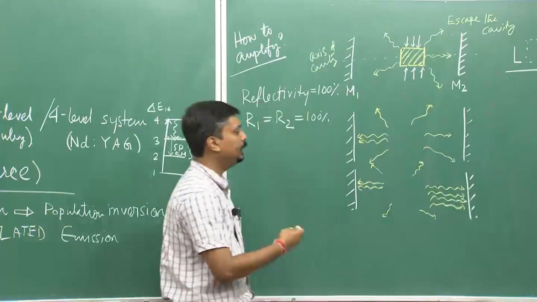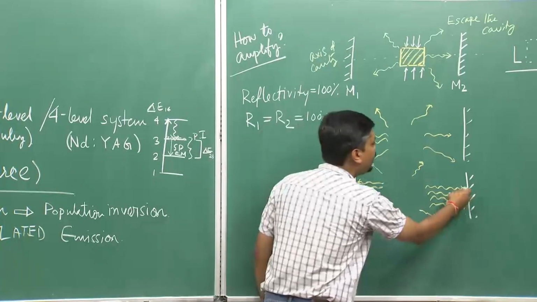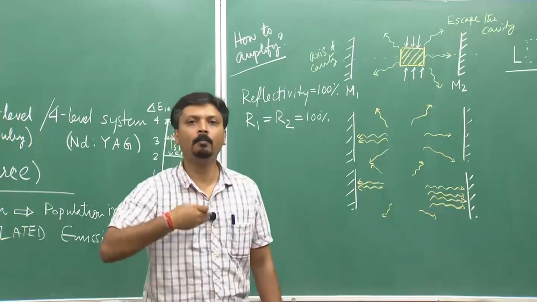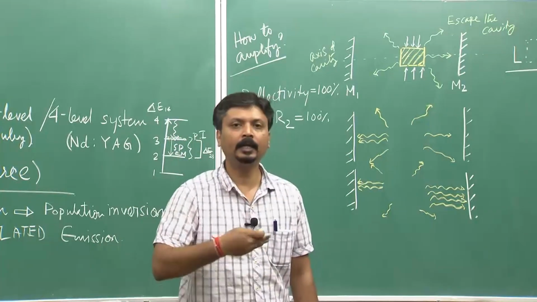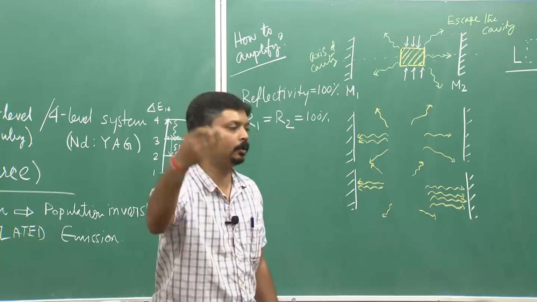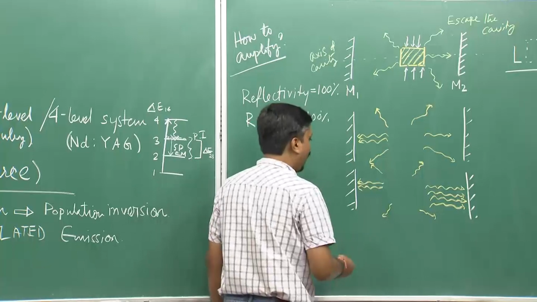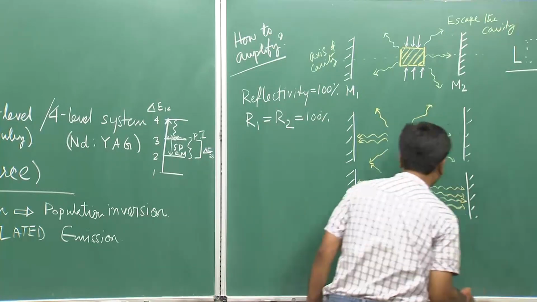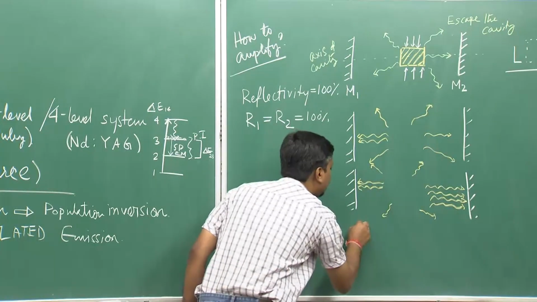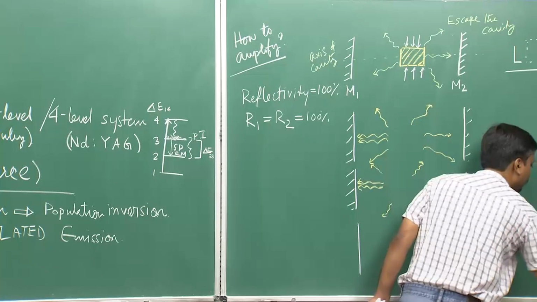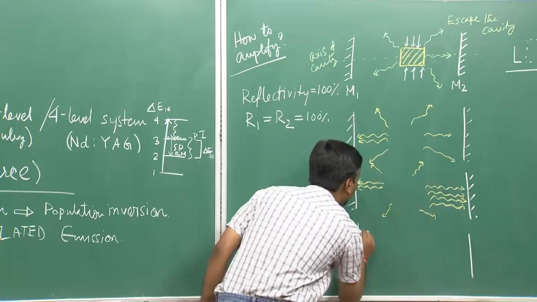Now, what I am seeing is that with every round trip, there is more and more stimulated emission and it is increasing, right, 2 to 4, 4 to 8 and so on. So, after a certain time, what I will see is exactly this picture.